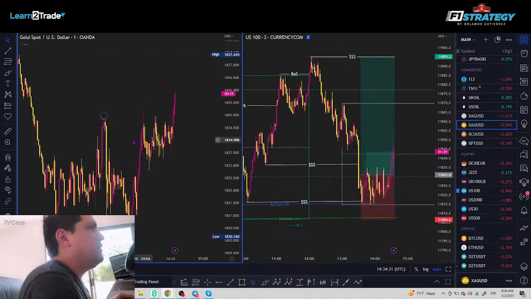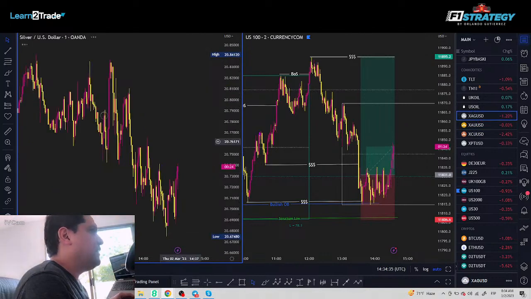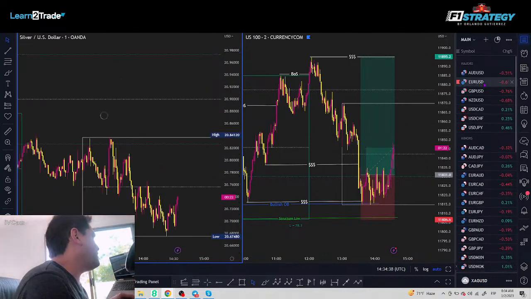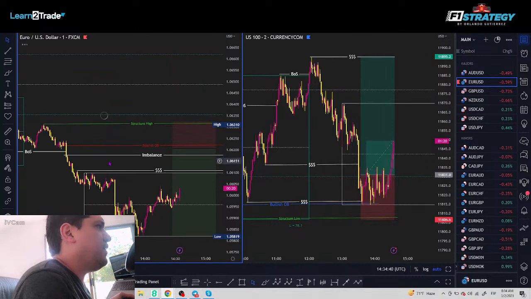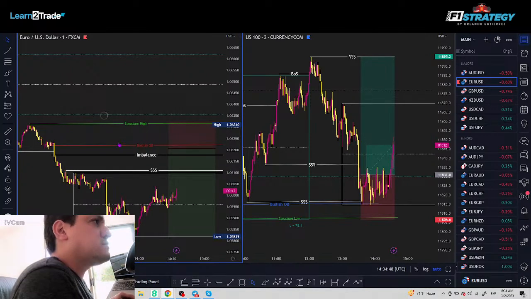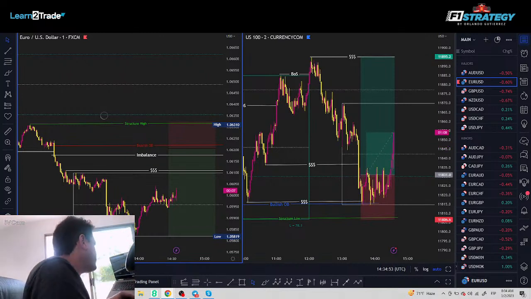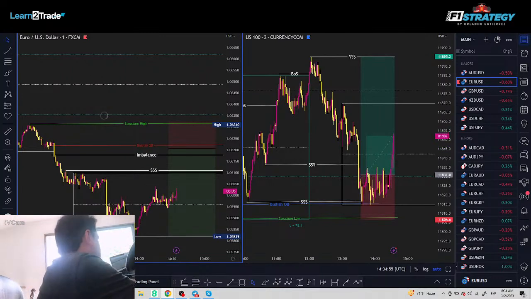Gold and silver. Let's come back to the Euro USD. There you go. The Euro USD is about to break the highs. Wow, that Nasdaq is rocking.